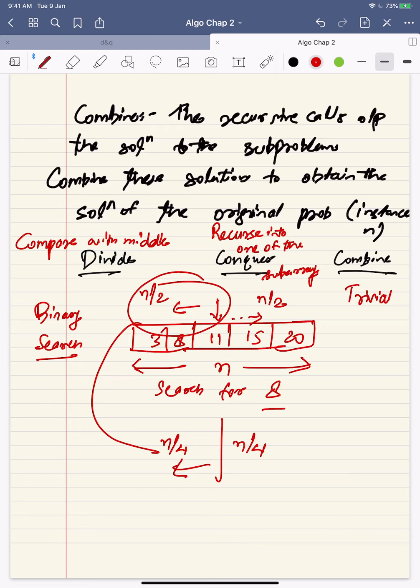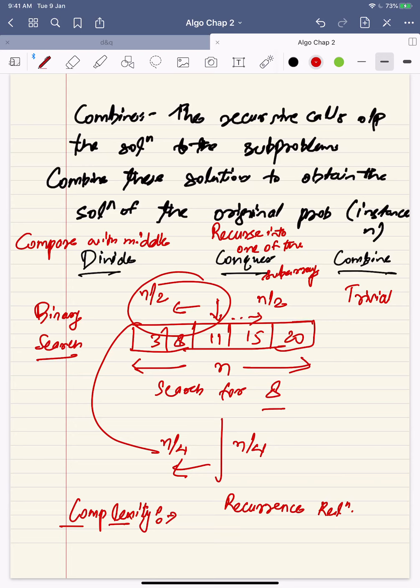So now, once you understand this is actually a divide and conquer algorithm, the next point is how do we understand the complexity of this? For understanding the complexity of a divide and conquer algorithm, you will need to write some sort of recurrence relation. This is like a run-time analysis.